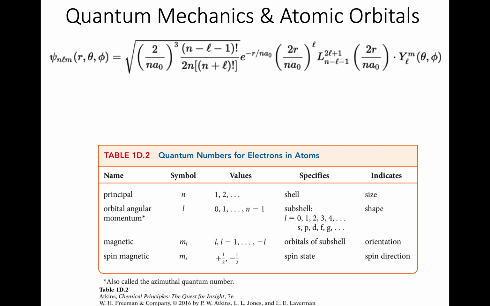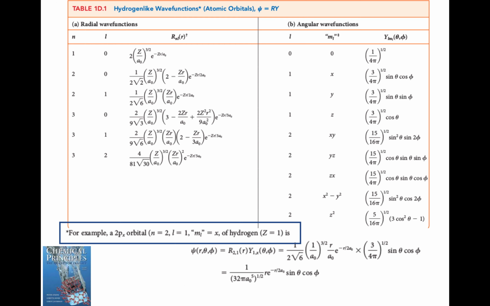So we have different quantum numbers. If we have a description for our wave function, we find that the quantum numbers n, l, and m sub l are shown there. As Atkins describes, our overall wave function has both a radial and an angular component, and there are particular quantum numbers describing that.